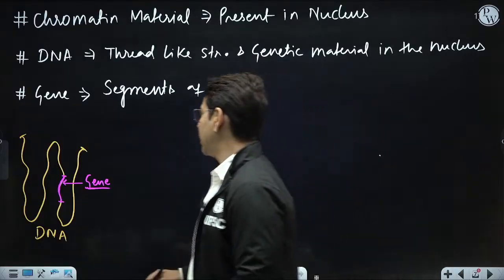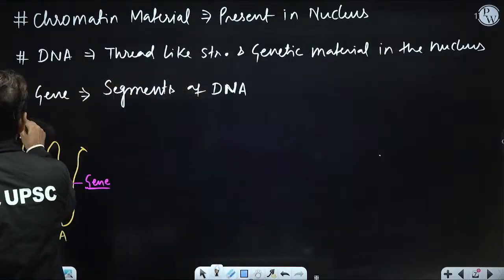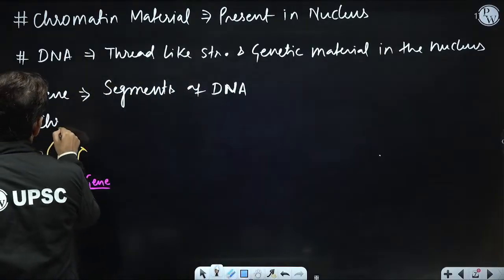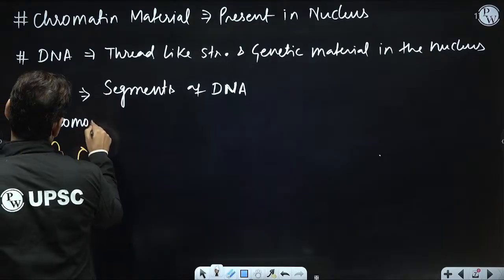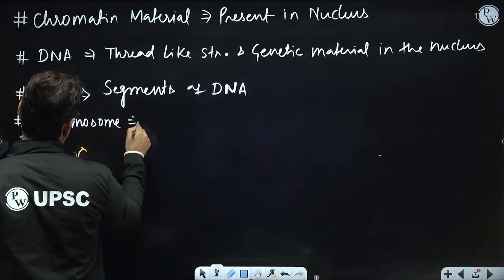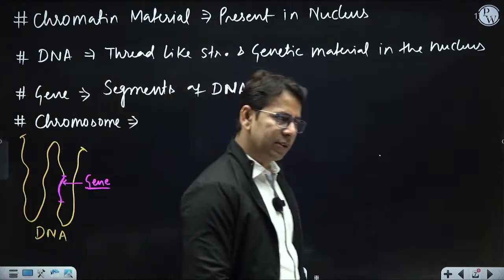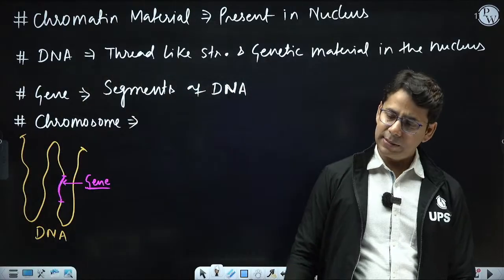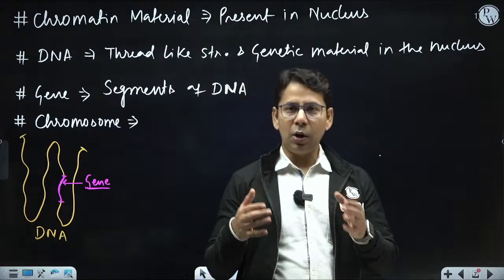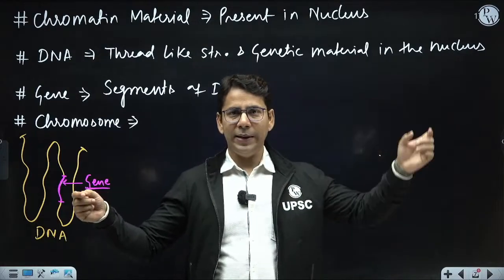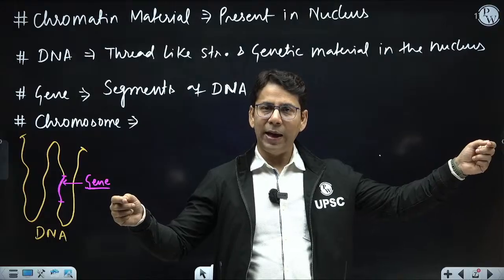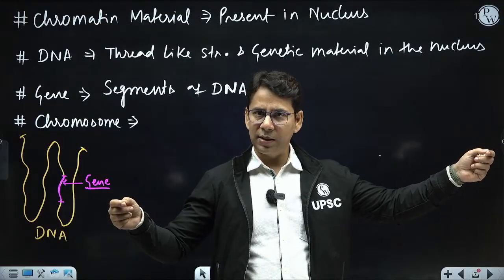But then there is another term, and we call it chromosome. Now what is a chromosome? Let's get back to the analogy of thread. Like I told you, I have a designer thread.